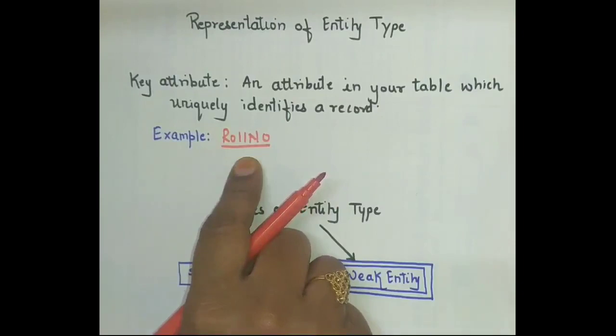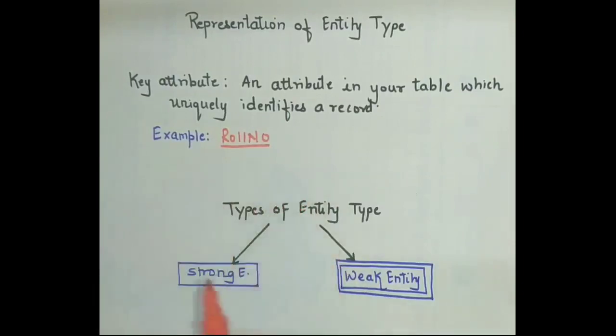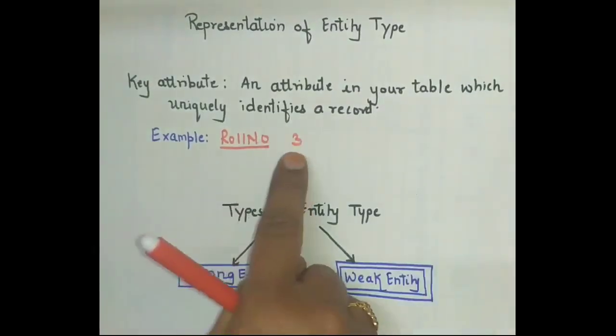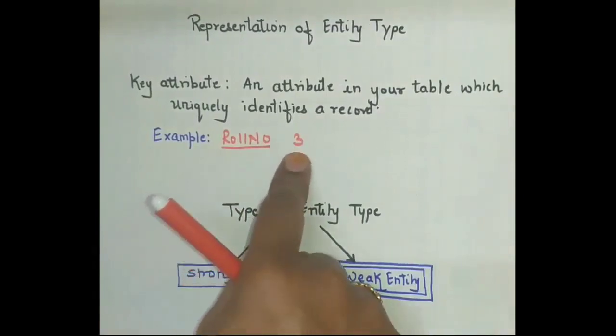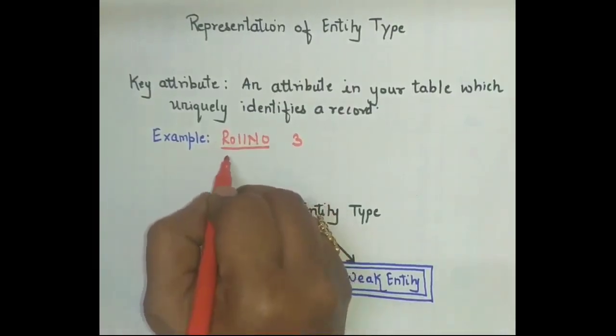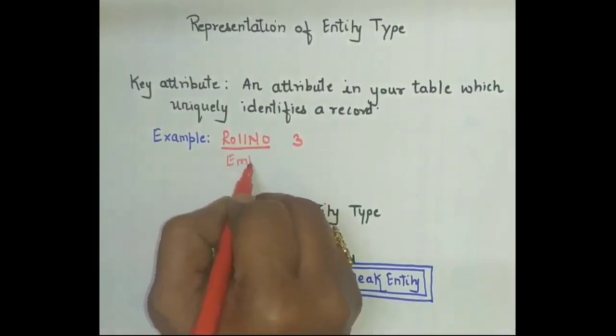Like if I say roll number 3, please stand up. So what is the result? Only one and only one student in your entire class will stand, who is having roll number 3. That means a student with roll number 3 is uniquely present in your entire class. Similarly, the second example if I take, that is employee ID.